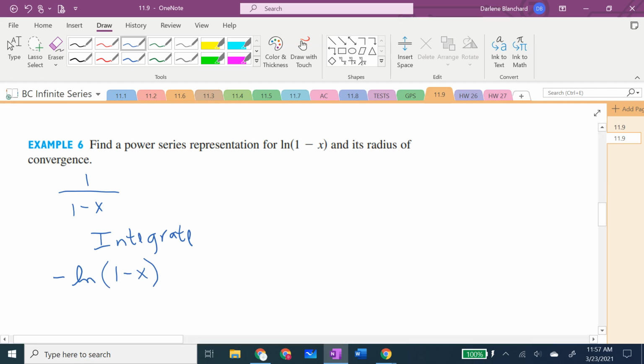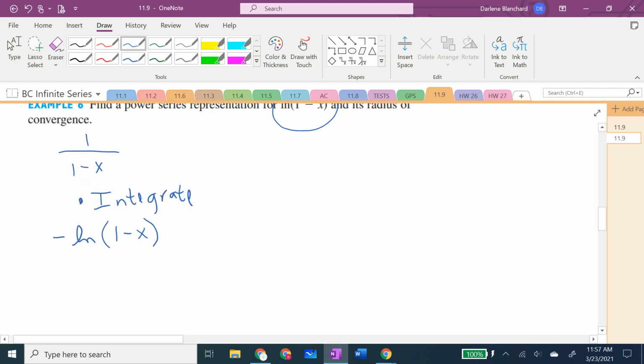If I want this to be this function, what do I need to additionally do? Multiply by -1. So what I'm going to do is I'm going to write down specifically I need to integrate, and then I need to multiply by -1.